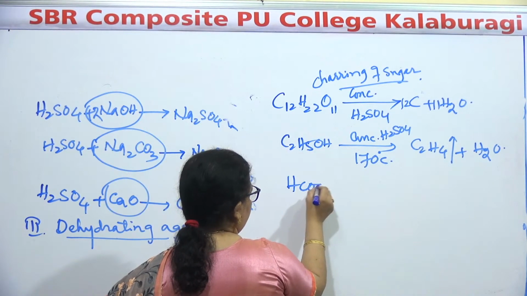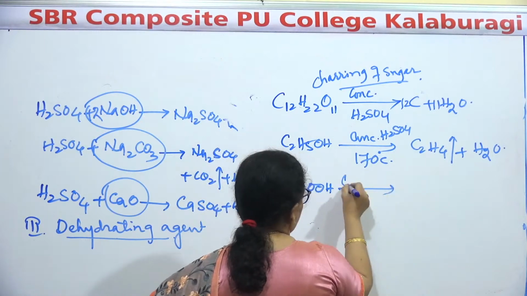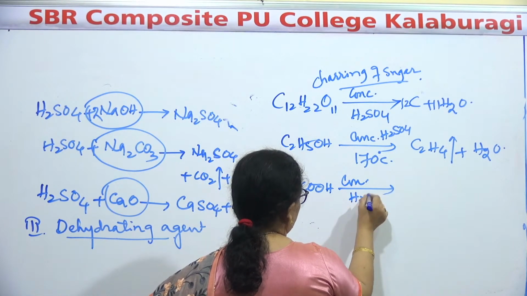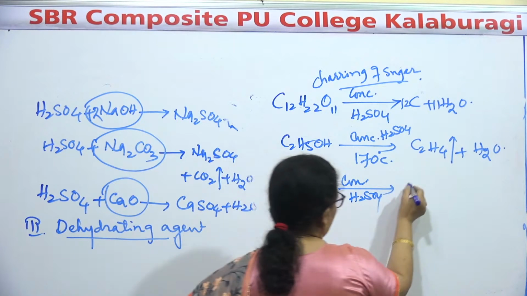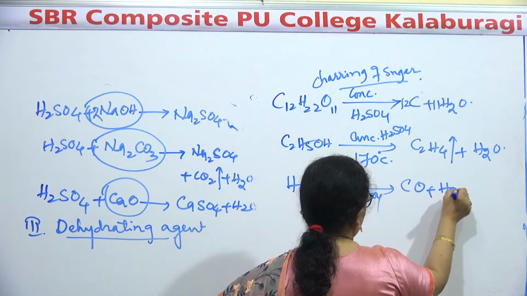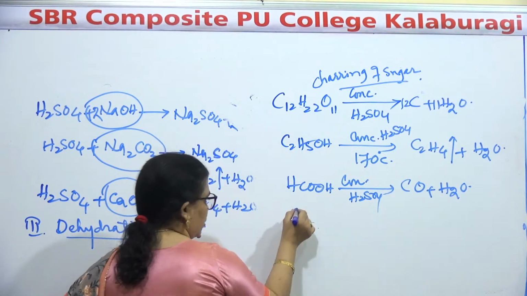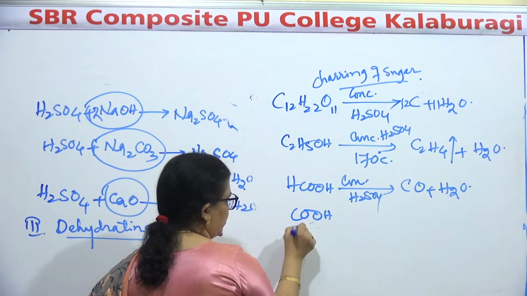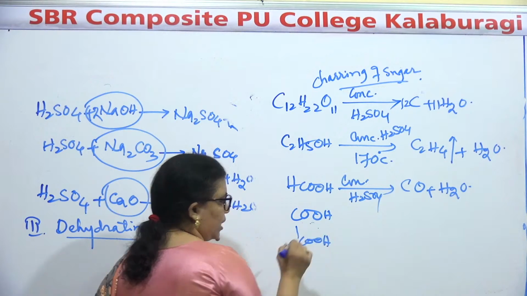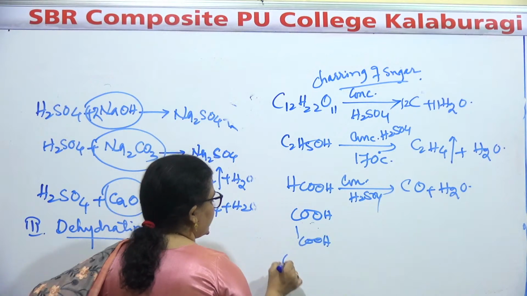Formic acid with concentrated sulfuric acid on heating will produce carbon monoxide and water. Oxalic acid is a dibasic acid.